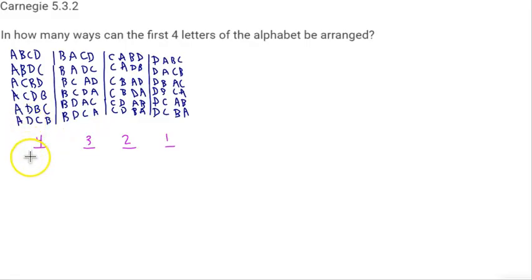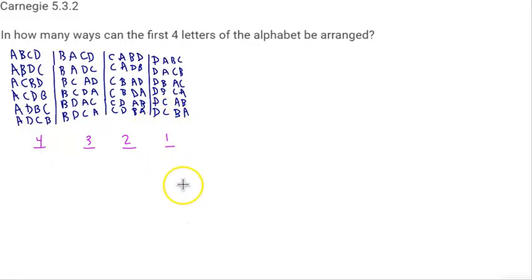For the first letter, I have 4 options because I can use any of the letters A, B, C, or D. For the second letter, I only have 3 options because I'm not allowed to repeat my letters. And then I have 2 options for the third space because again, I would have already used up 2 of my letters in the first 2 spots.